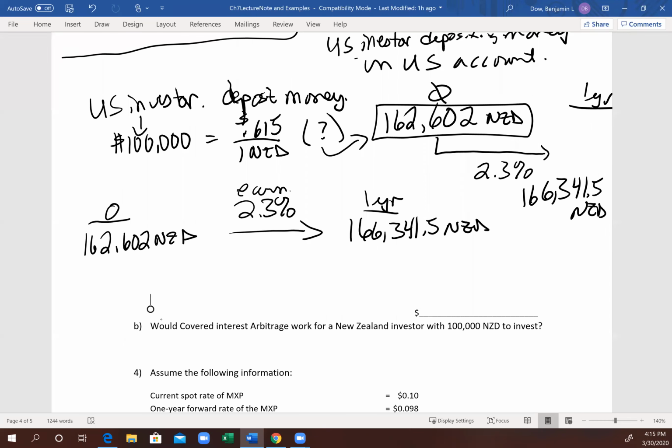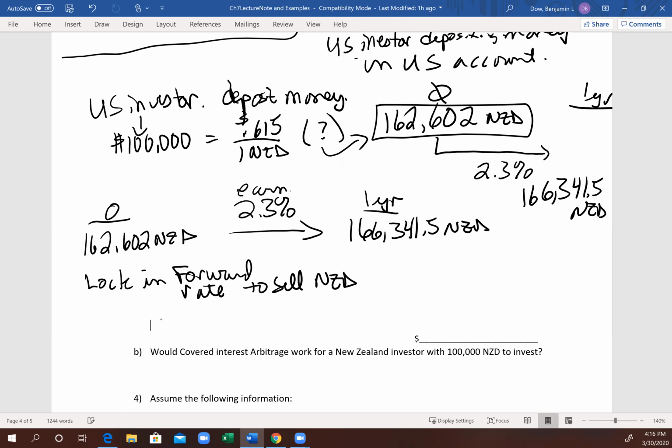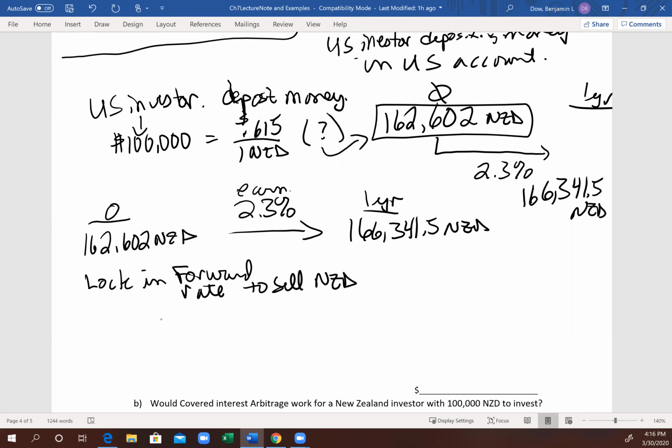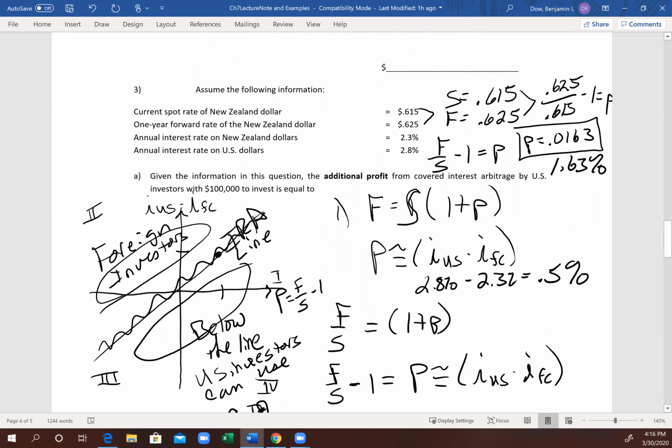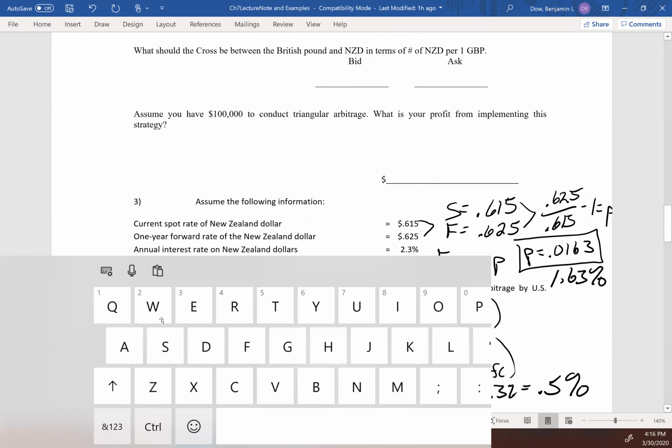Now, obviously, what we want to do back at time period 0 is lock in a forward rate to sell New Zealand dollars so that we don't face any risk. Back at time period 0, the forward rate was 0.625.